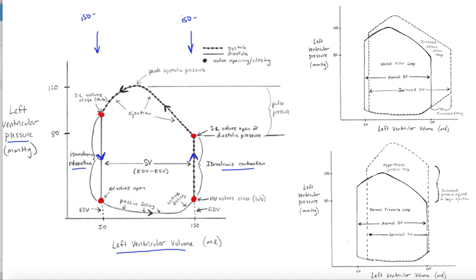Once we see what we're talking about here, it'll make perfect sense, hopefully. Let's pick a spot here. If we start down here at the bottom left corner, we have our lowest volume, so that would be our end systolic volume, and our volume is about to start increasing.